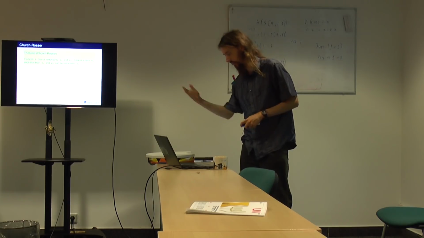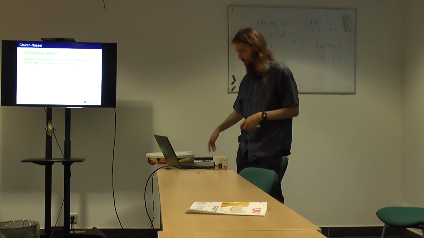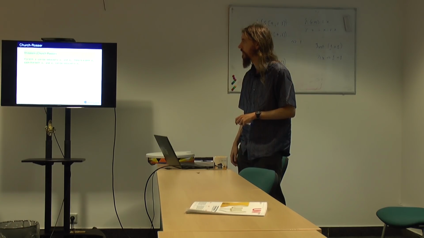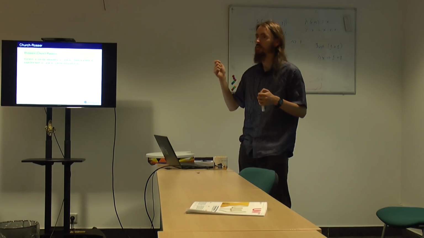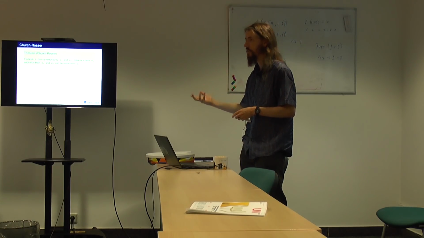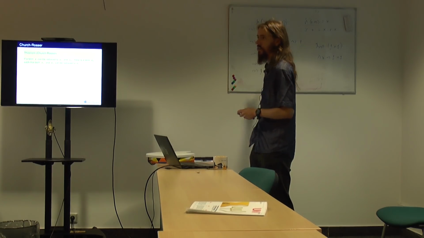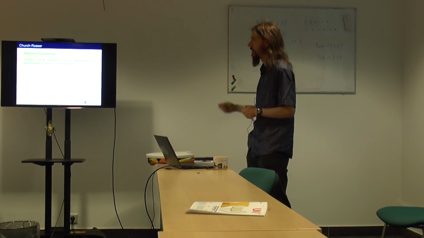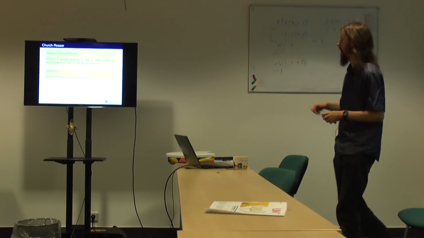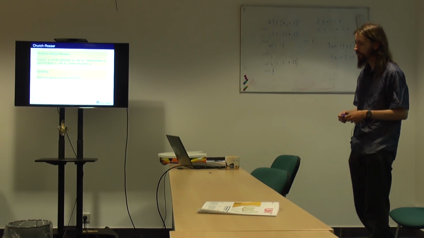And so that tells you that if your language obeys the Church-Rosser theorem, then the order of evaluation doesn't matter for the result. You're not going to get 2 in one case and 1 in the other case. But it doesn't tell you about non-termination or efficiency.